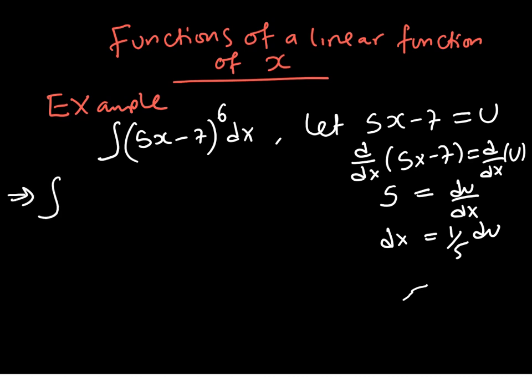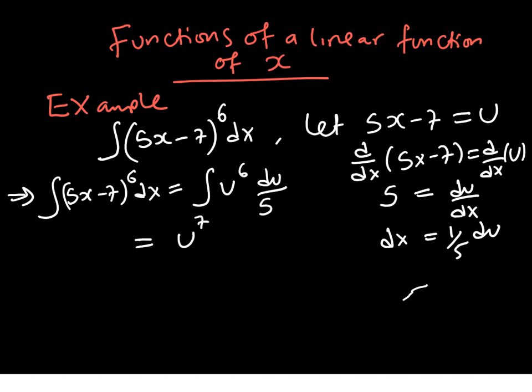It will mean that the integral of 5x minus 7 to the power 6 with respect to x now changes to the integral of u to power 6, then dx is now du over 5. What do you get? When you integrate u to power 6, you get u to power 7 over 7 plus a constant of integration.